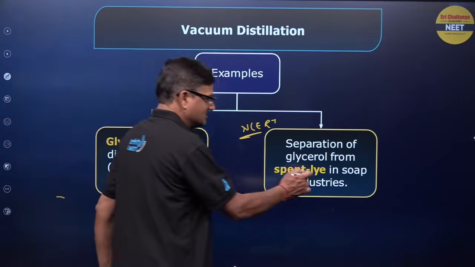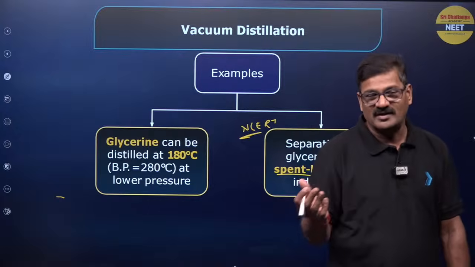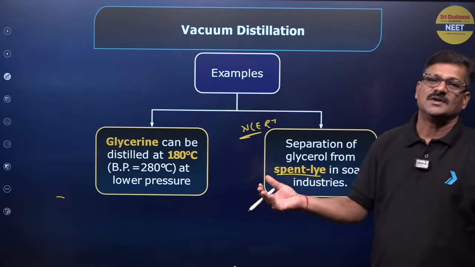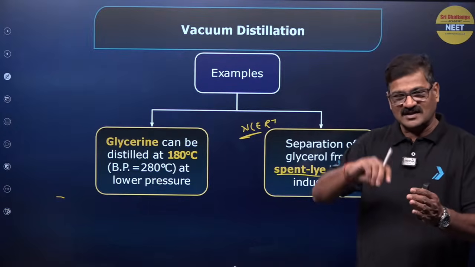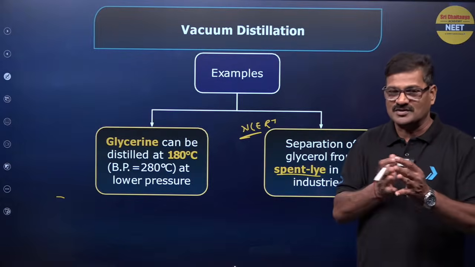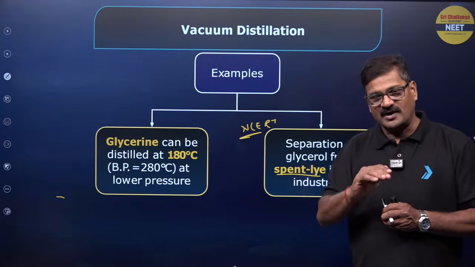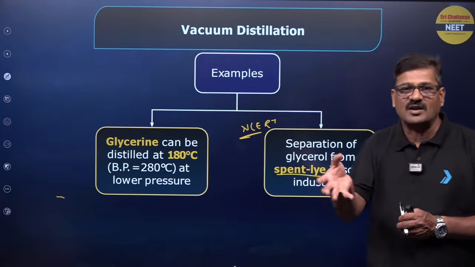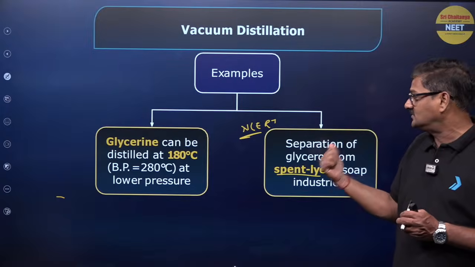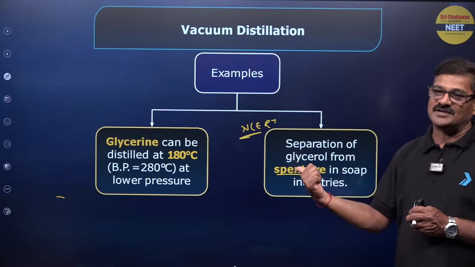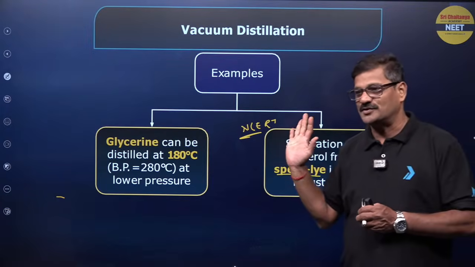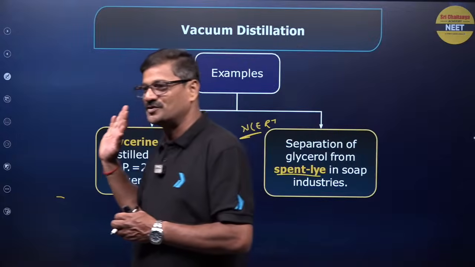Spent lye means, in the soap industry, you use fat, glycerin and alkali during saponification, the soap is prepared, and unused glycerol is separated by vacuum distillation. If you have any doubt, ask quickly.